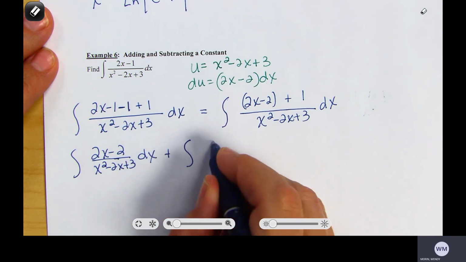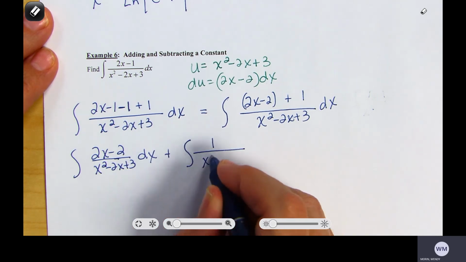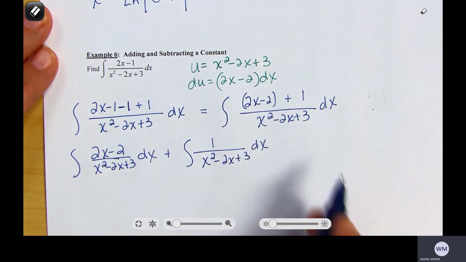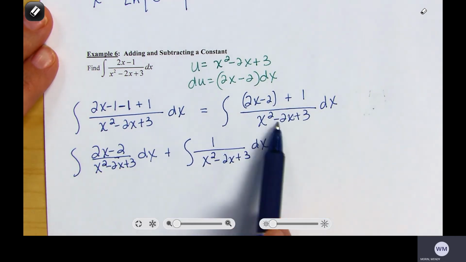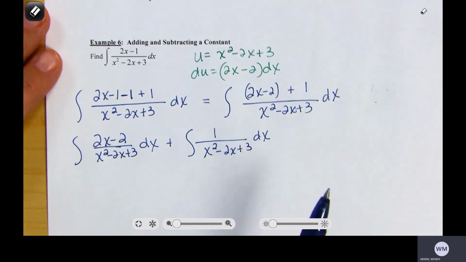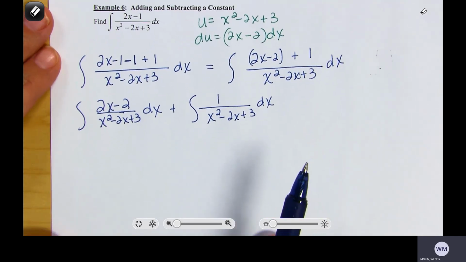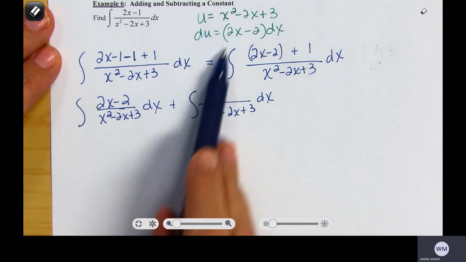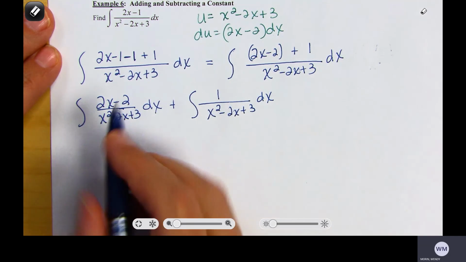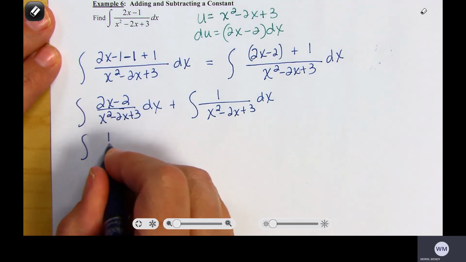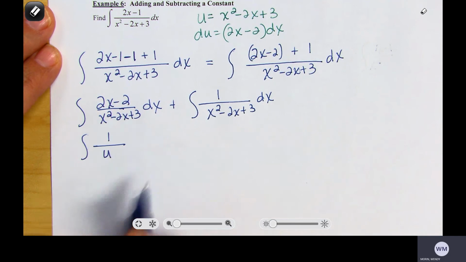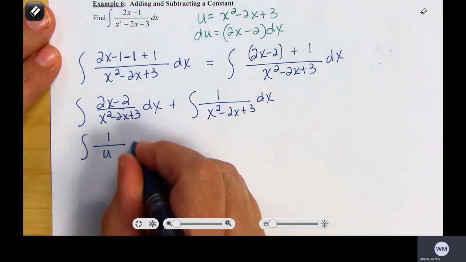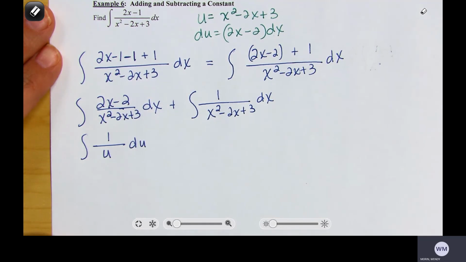And then I can do 1 over x squared minus 2x plus 3 as the second piece. Common denominator, just splitting them up. All right, so this one we already started, right? This is 1 over u. And what is 2x minus 2 dx? du. That one we already started.